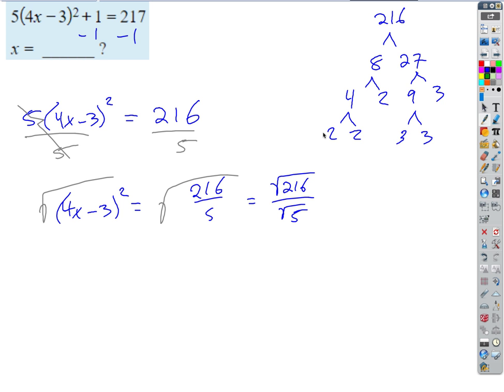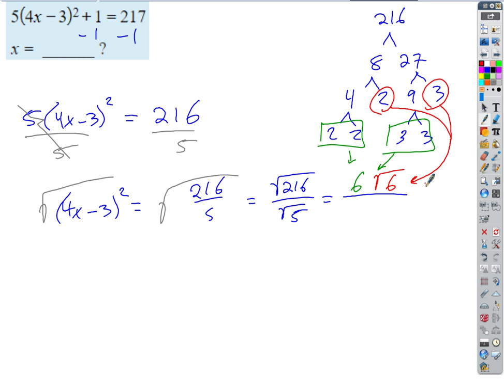Okay, then we'll count up our couples. There's a couple, and it looks like I've got 2 singles, right? So the square root of 216 is going to be on the top. What goes out front? Good. I'm going to get a 2 times a 3 gives me a 6, and inside I'm going to get 6. 2 times 3, right?